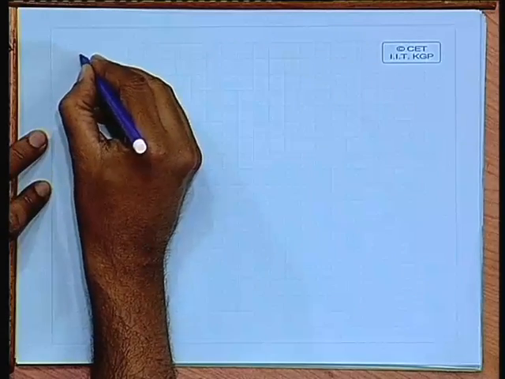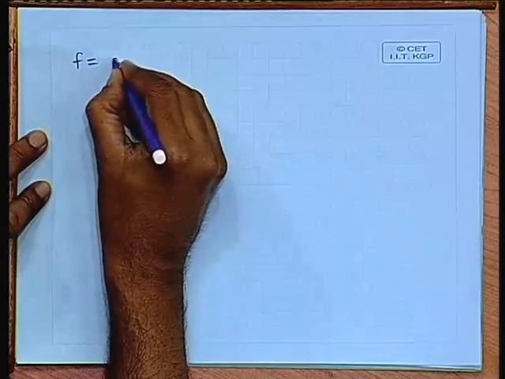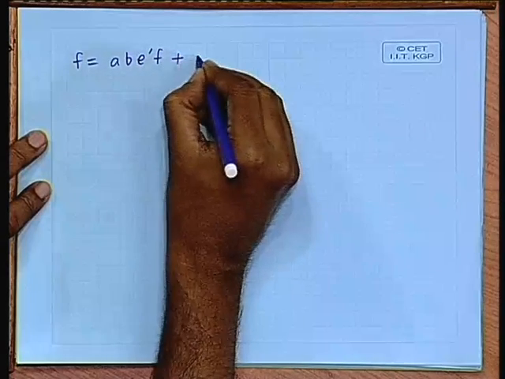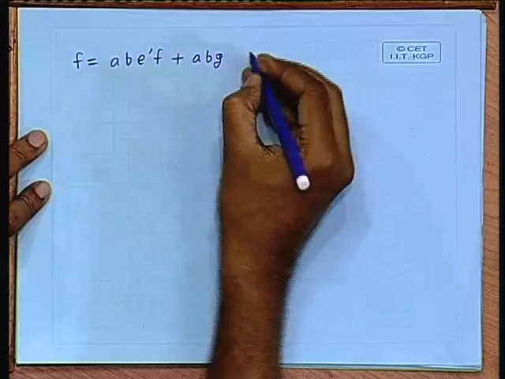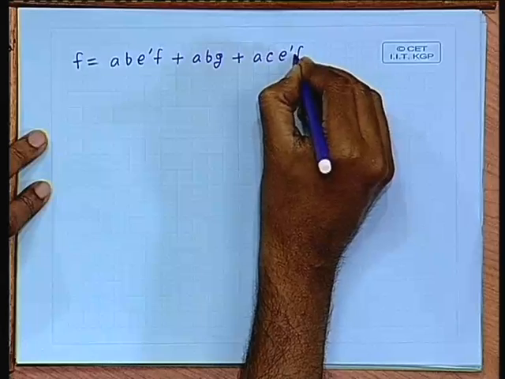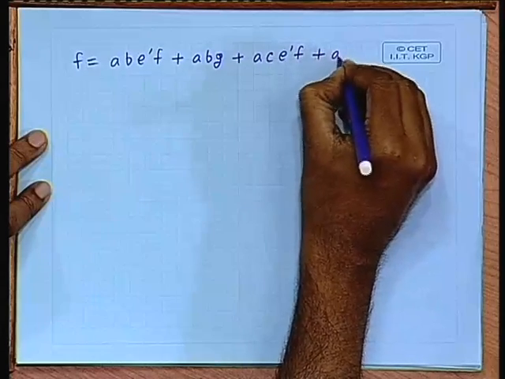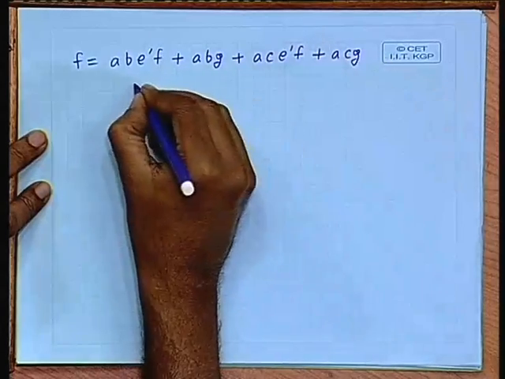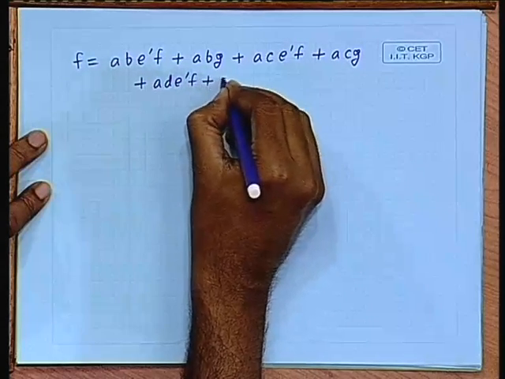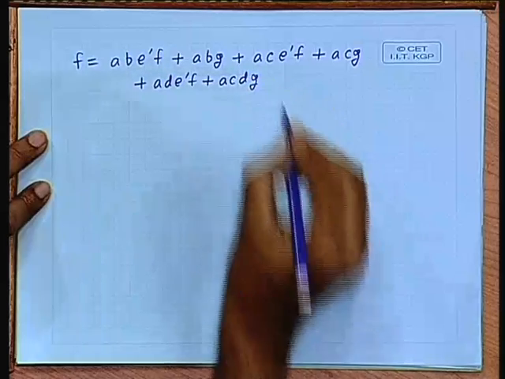So, this is one thing you have to keep in mind. Let us take another example. This is a slightly more complex example. Suppose you have a function like this, f equal to a b e prime f or a b g or a c e prime f or a c g or a d e prime f or a c d g.